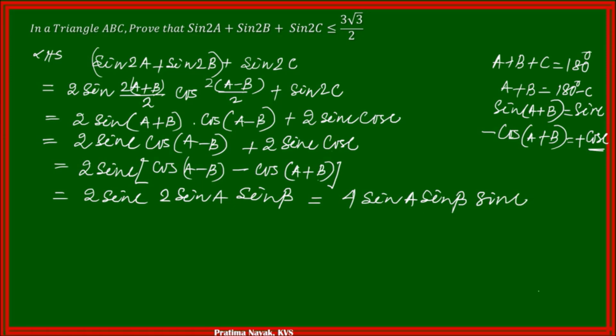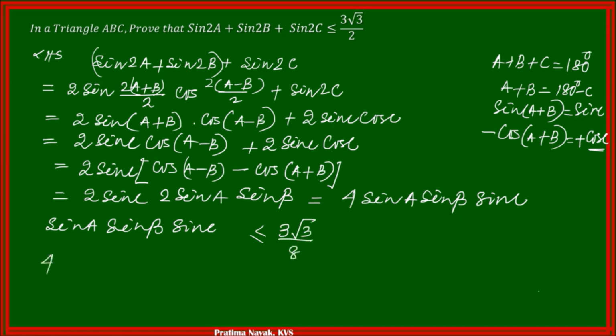So now let us recall a previous result. I had a video uploaded about this inequality. If you have not watched, please watch it. Sine A sine B sine C is less than or equal to 3 under root 3 over 8.